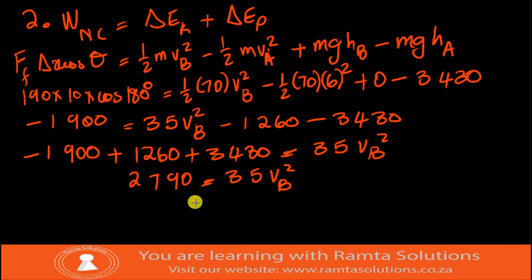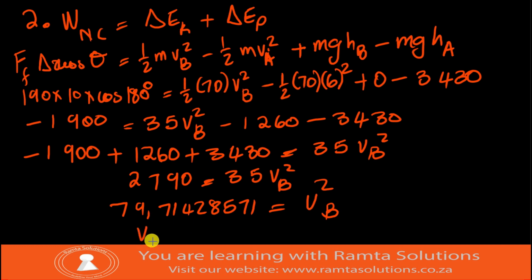Dividing by 35, 2790 divided by 35 is 79.71428571, which is equal to V sub B squared.